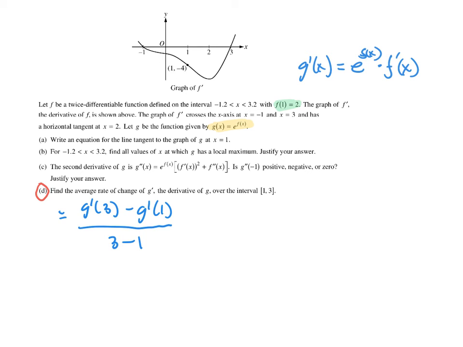Essentially what I need to know is what f of 1 is, and I do know that, that's 2. And I need to know f prime of 1, and I do know that, that's on the graph right here, that's -4. So that's good to know.